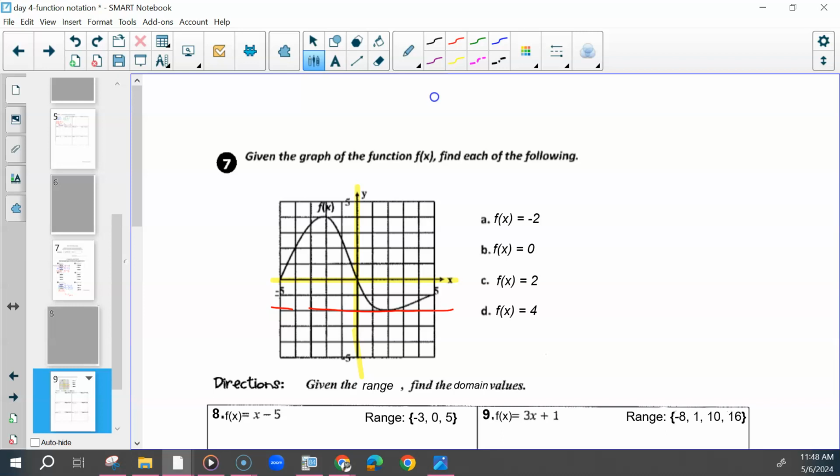What would that x value be? The x value, not the y value. 2. What about f of x equals 4?